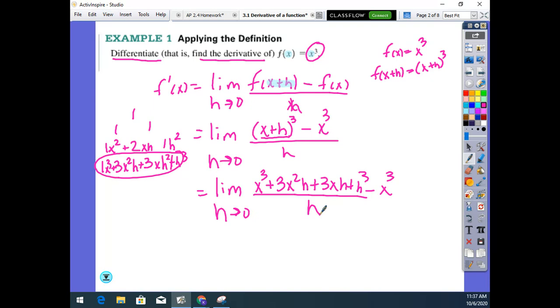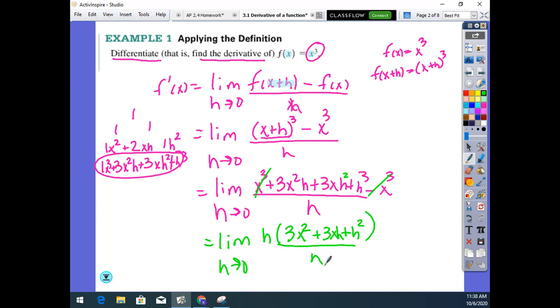All right, now we're going to cancel everything that doesn't have an h. And then we do the limit as h approaches 0. We can actually factor the h out. Remember, this should have been squared. Sorry.